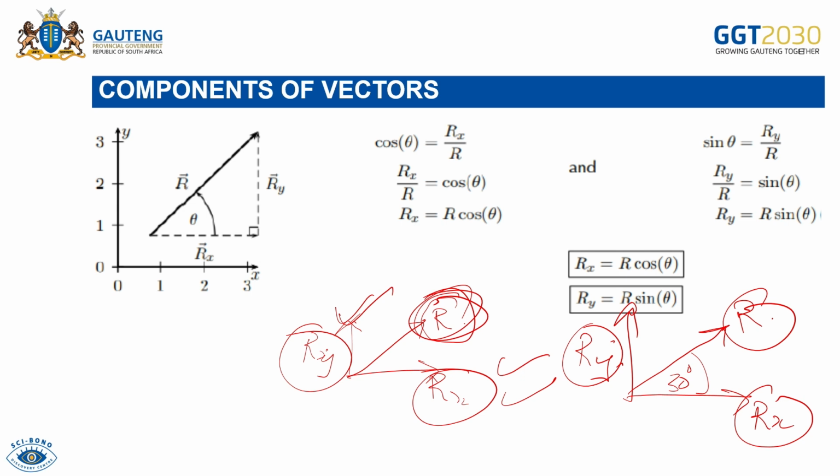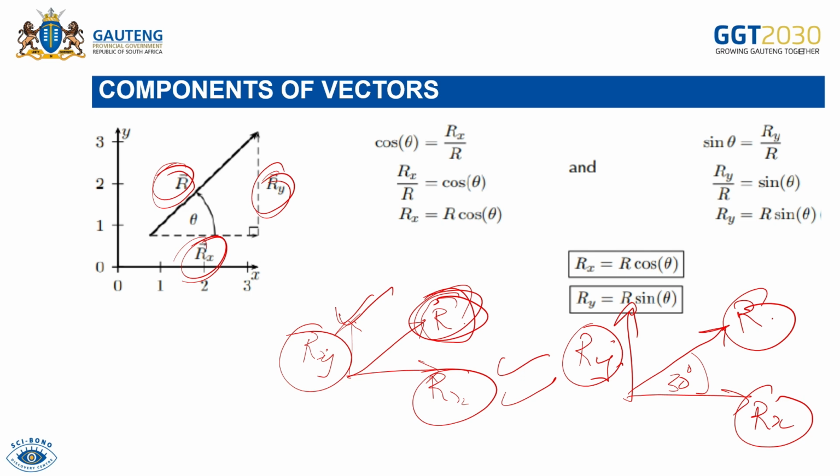So the first thing you need to do here is resolve that resultant into its components. The components of the resultant are Ry and Rx. Those are the components of the resultant vector.